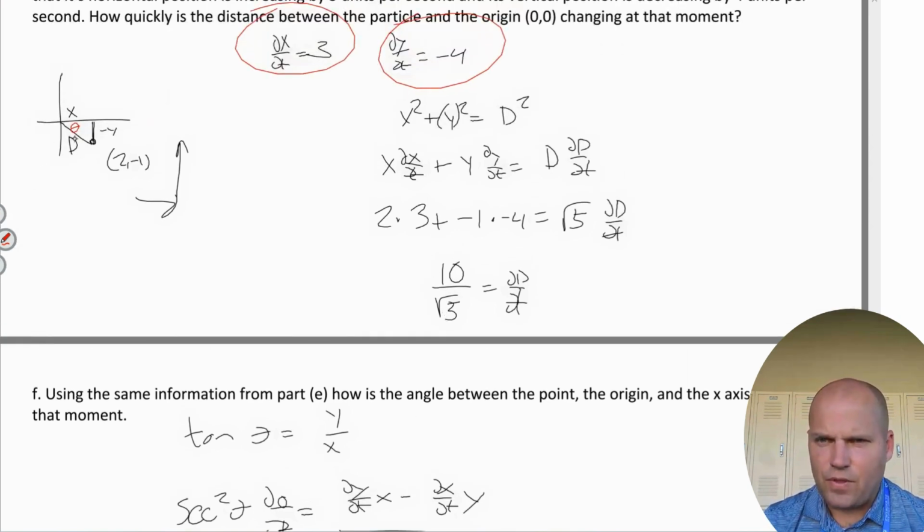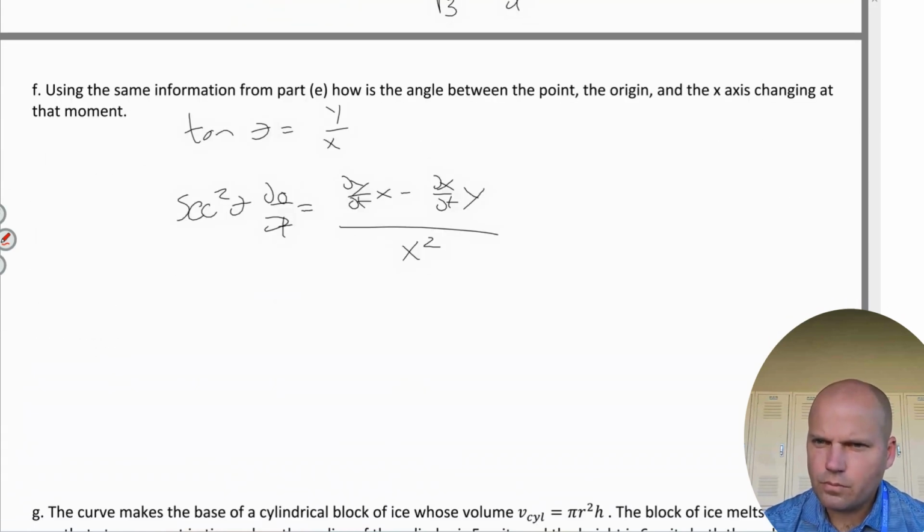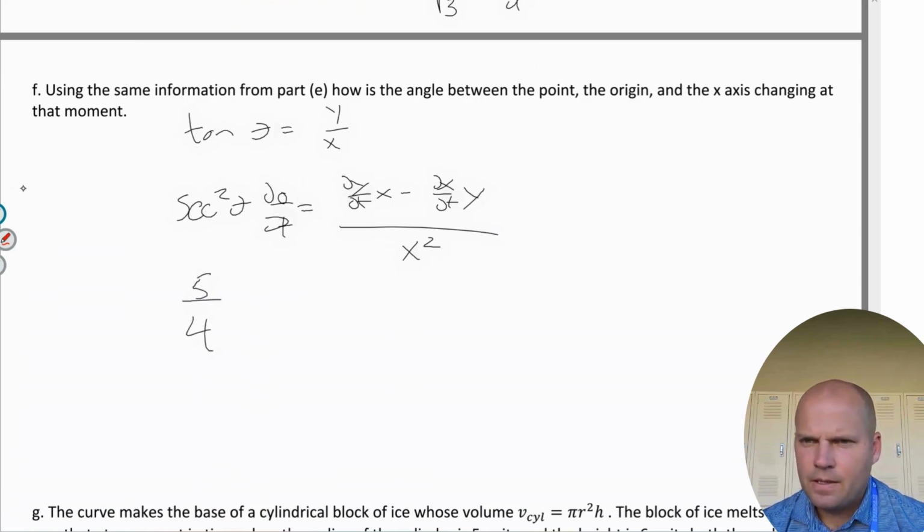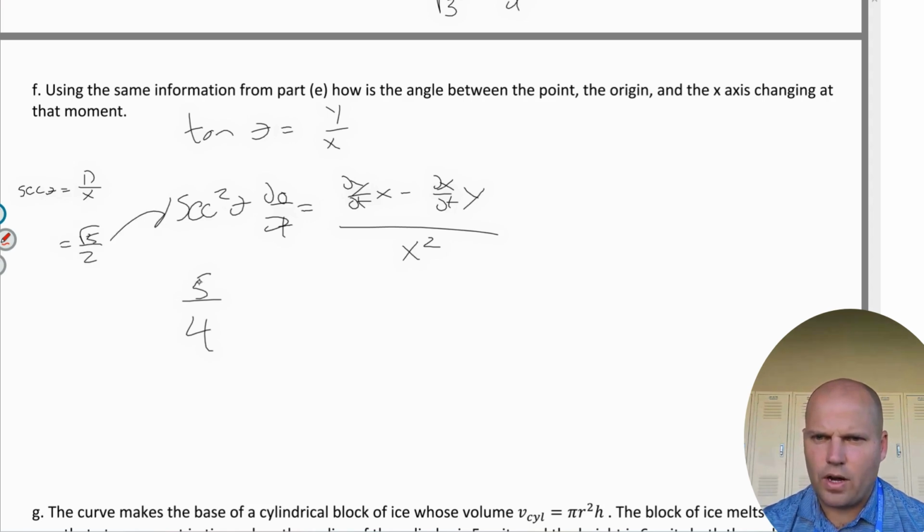I have the secant of theta, which is D over x. D was √5, x was 2. So this becomes 5/4. Secant theta would be D over x, which is √5 over 2, squared becomes 5/4.